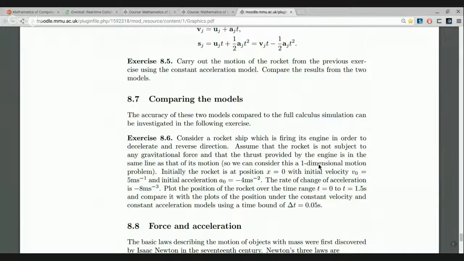At the beginning of the simulation, it's at position 0 with initial velocity 5 meters per second, and initial acceleration of -4 meters per second squared. The rate of change of acceleration we'll assume is -8; that -8 is the derivative of acceleration.